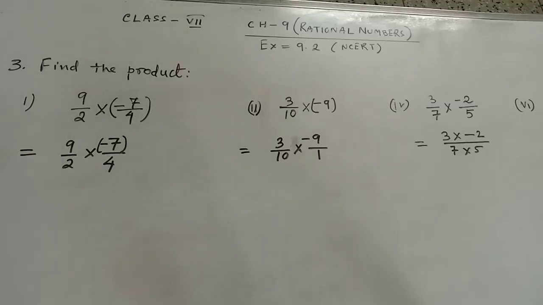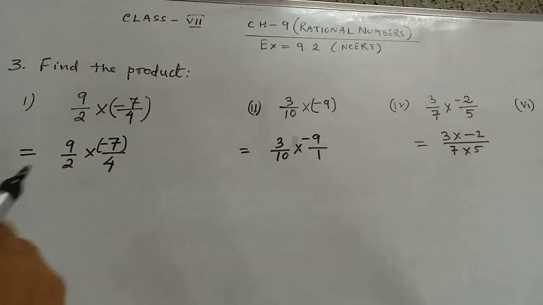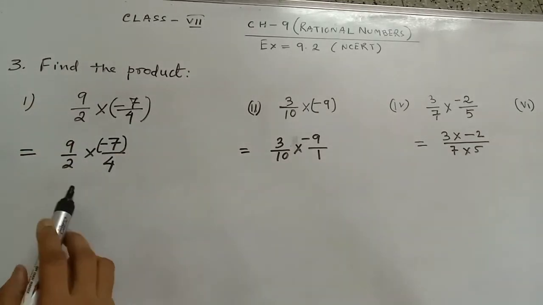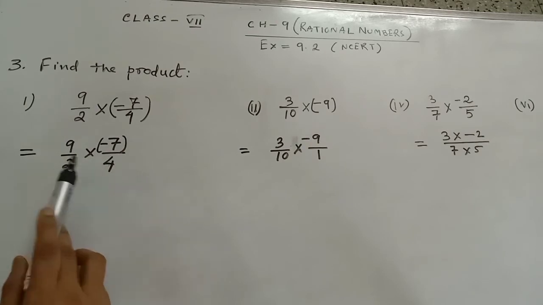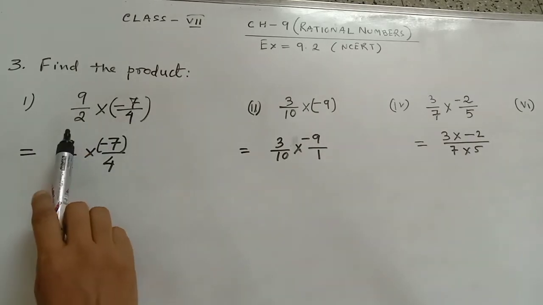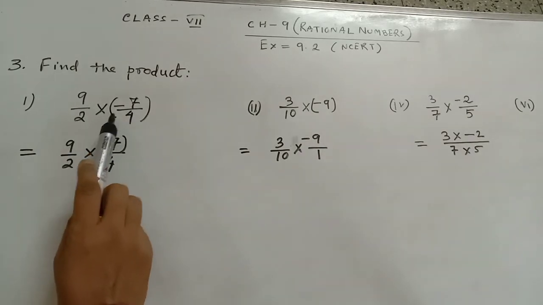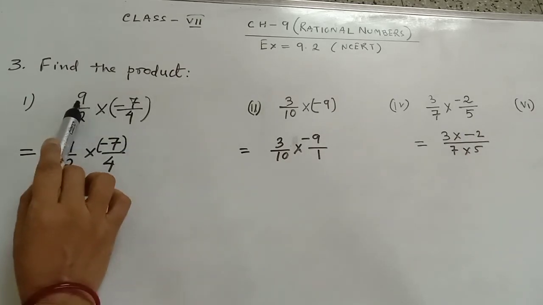Now it is question number 3, find the product. The same way you have to find the product of the rational numbers. When we are finding the product, you have to multiply. If it is possible, you can cancel numerator and denominator. But here I can see 9 by 2 into minus 7 by 4, the denominator 2 can't divide 9 and 7, and denominator 4 also can't divide 9 and 7.